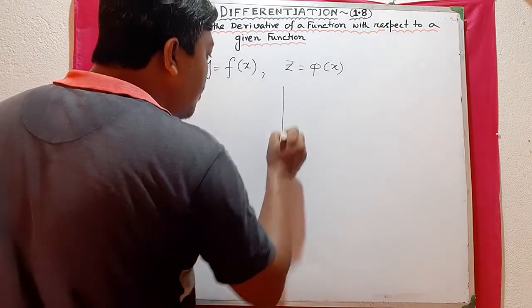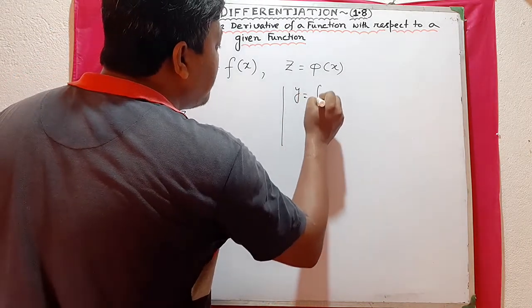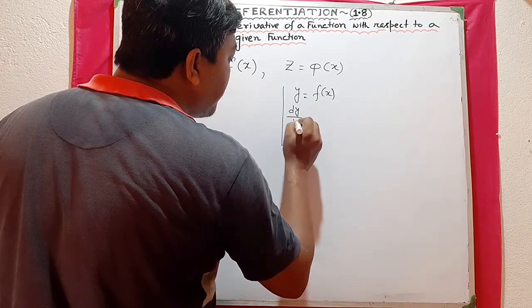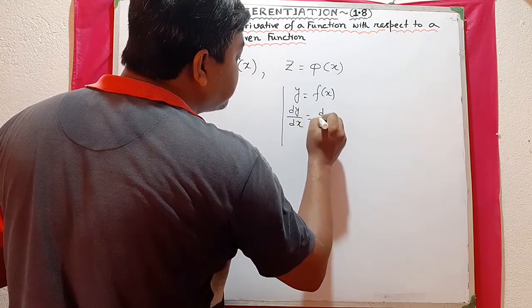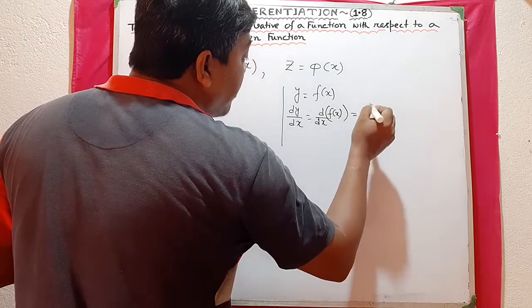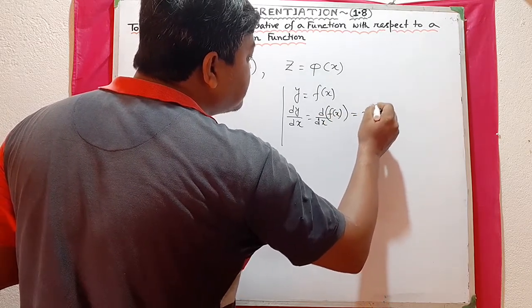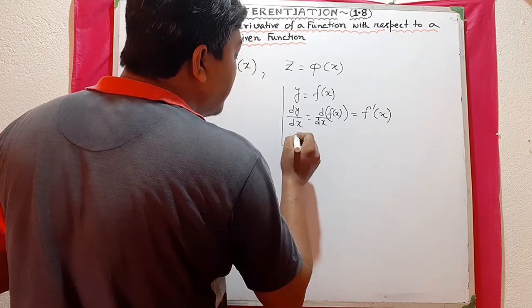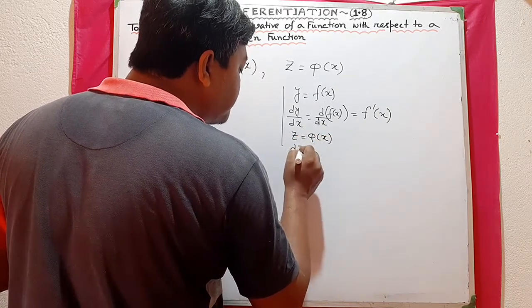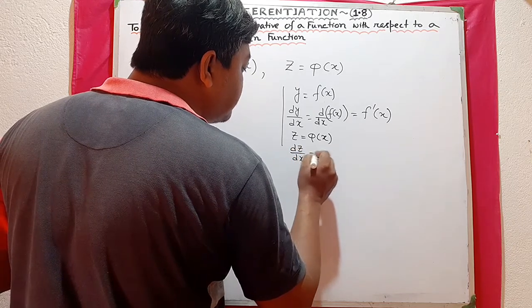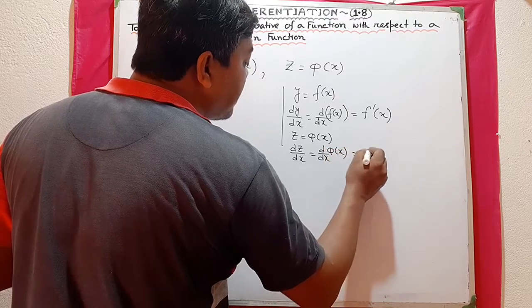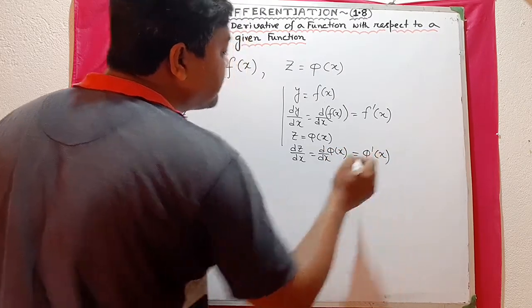First, y equals f(x), then differentiate with respect to x, you will get dy/dx equals d/dx of f(x), and according to the well-known notation this is f dash x. And z equals phi(x), also differentiate with respect to x both sides, so d/dx of phi(x), that is phi dash x.